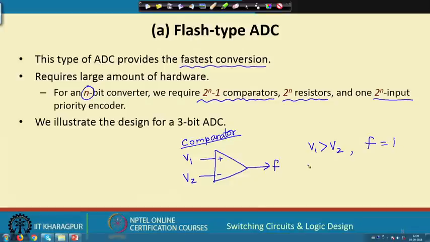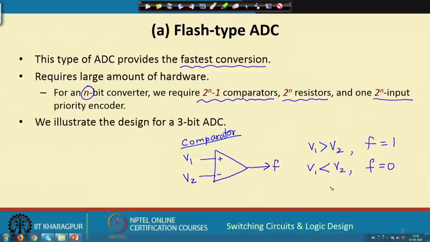If V1 is less than V2, the output is 0. But remember that when the inputs are equal, the output is not defined. It may be 0 or 1, it does not matter, but it is defined when it is greater than or less than. This is how a comparator works.